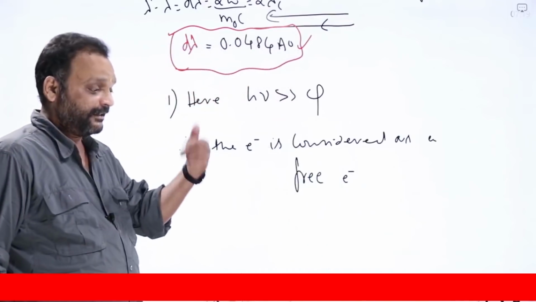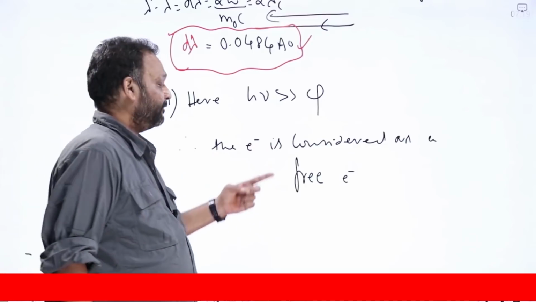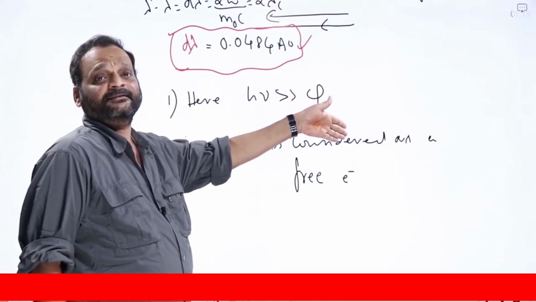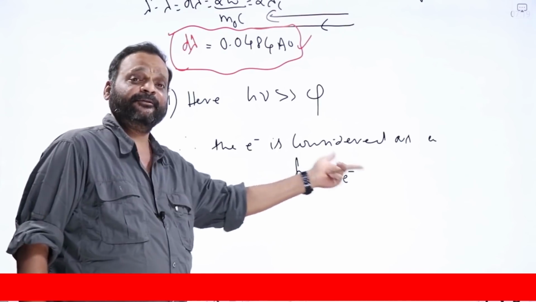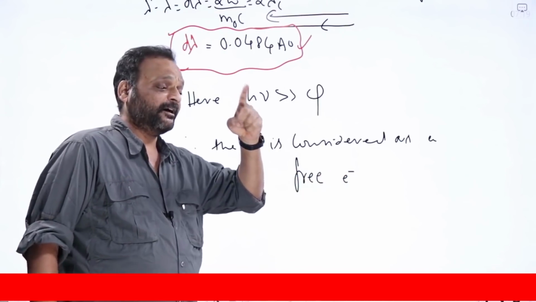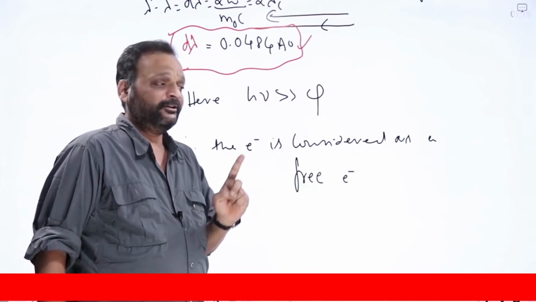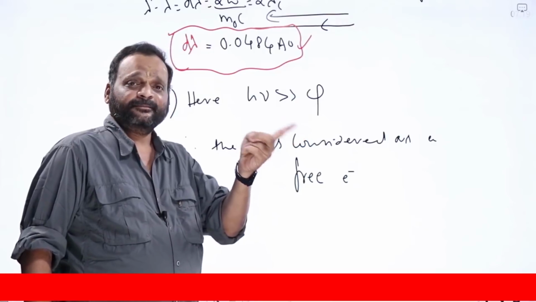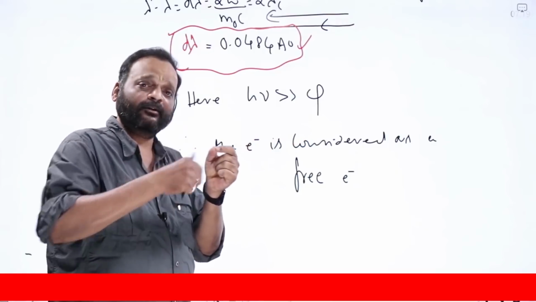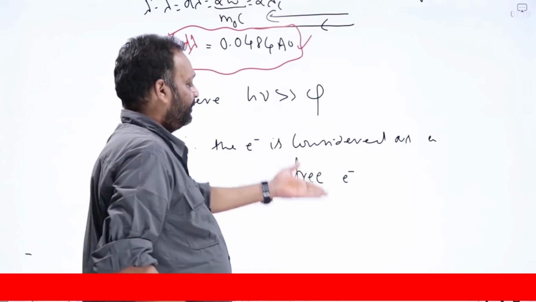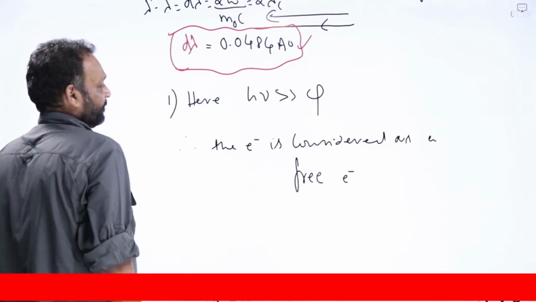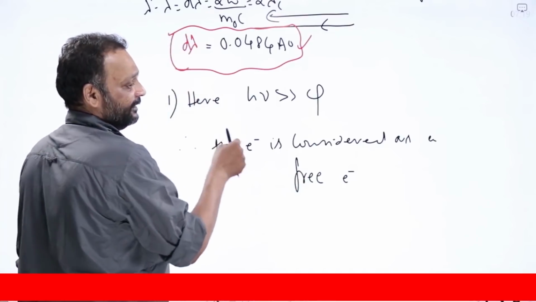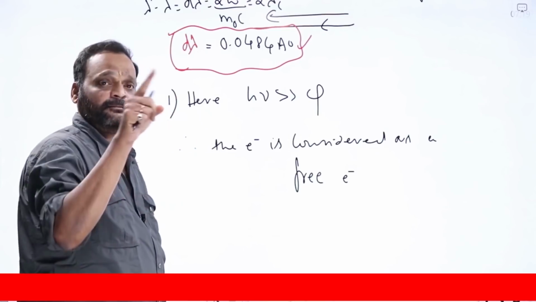Strictly speaking, the electron is actually bound to the atom, revolving around the nucleus. But with respect to the energy of the incident photon, that electron can be considered as a free electron only. That's the reason why Compton took it as a free electron, though no electron in an atom is completely free. Electrons are bound to the nucleus, no doubt, but still here it becomes a free electron. So in Compton effect, the electron is a free electron. In photoelectric effect, the electron is a bound electron.